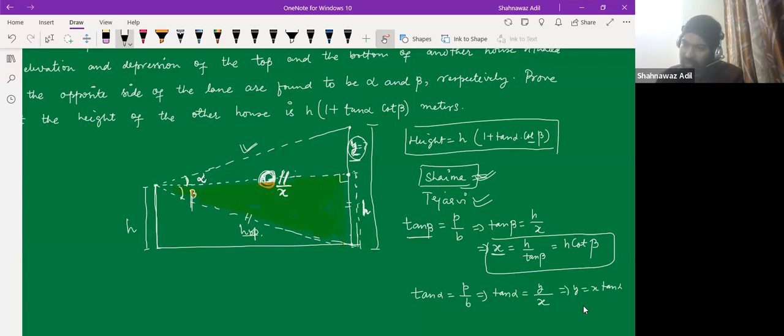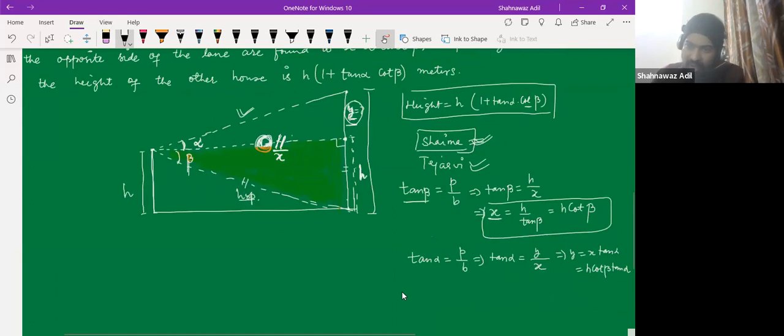So x is how much? x is h cot beta, and then tan alpha. So you can just put the values in here for y. The height would be h plus y. So h plus h cot beta tan alpha, and I can rearrange this as tan alpha cot beta.